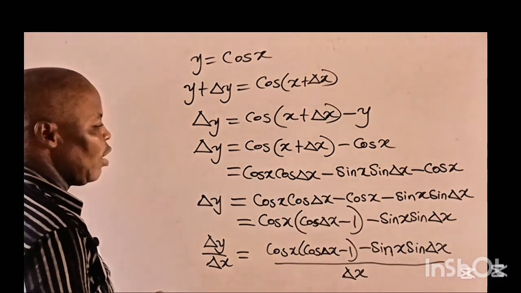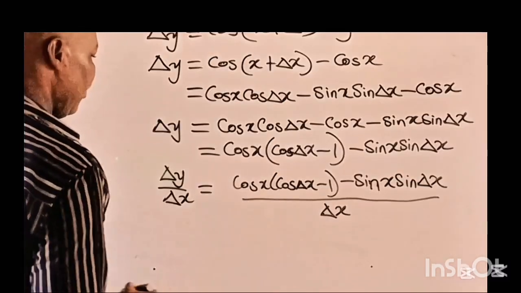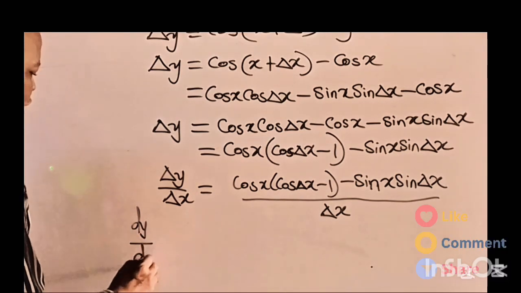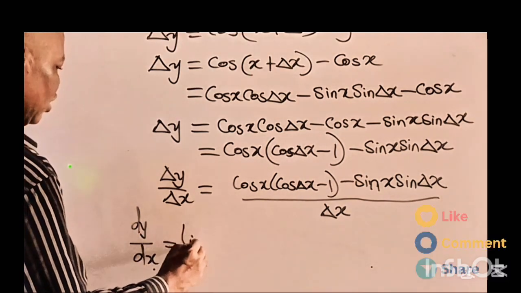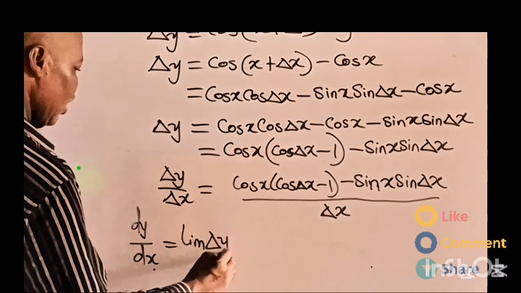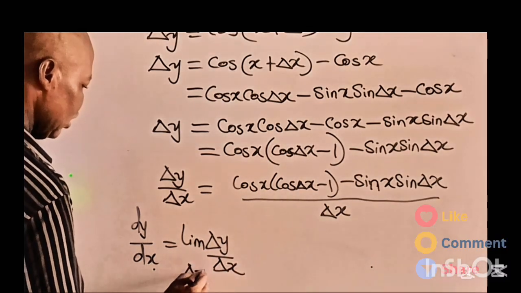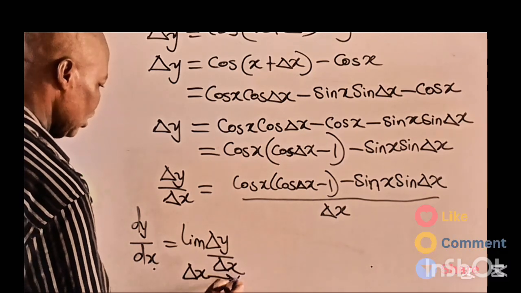What we have to do now is find the limits of both sides, since we are looking for dy/dx, which is equal to the limit of change in y over change in x as change in x approaches 0.